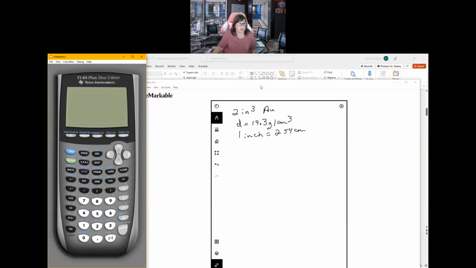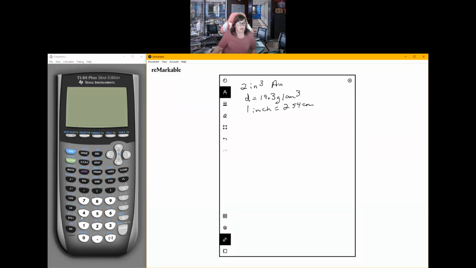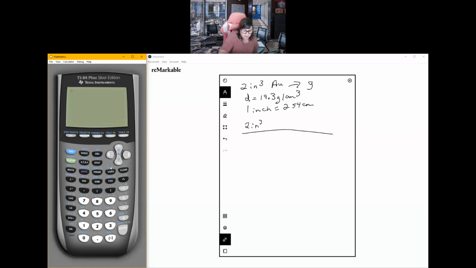I'm going to pull up my calculator, because that's the other thing that I typically need when I do calculations. This is nothing but an electronic version of my calculator so that you can see what I'm doing. Let's talk about how we would do this going to grams. The first thing I know is that I have 2 inches cubed, and I want to convert that to grams.